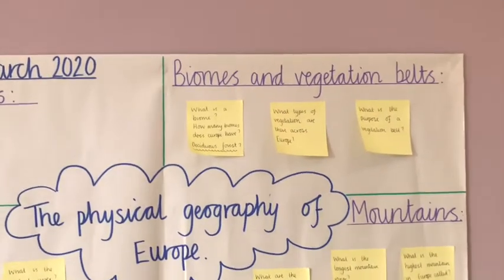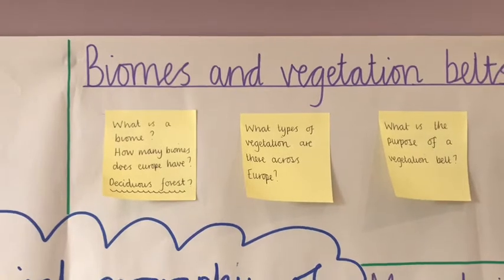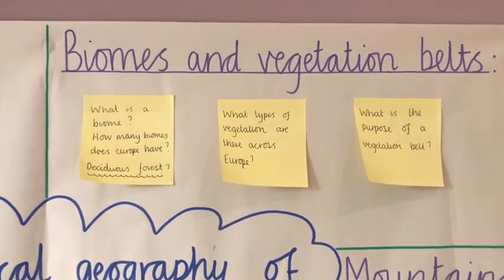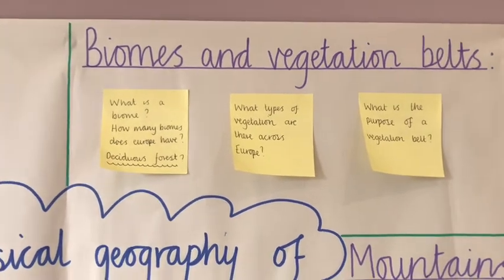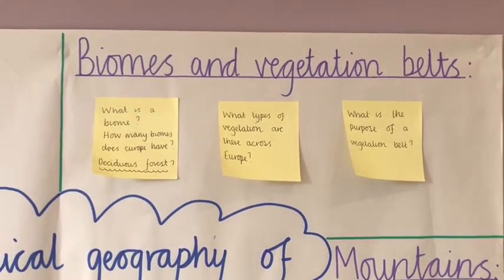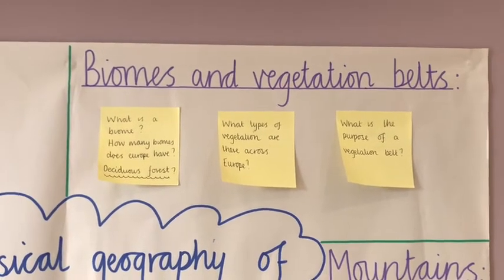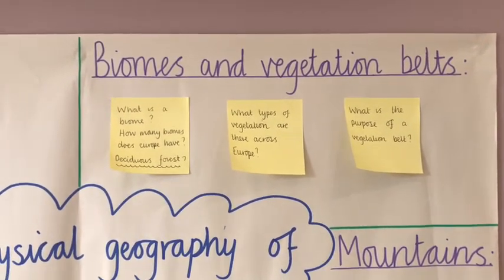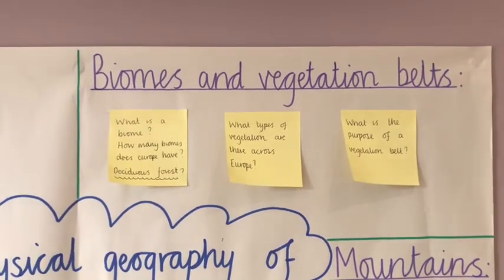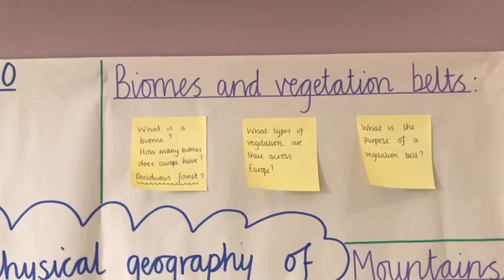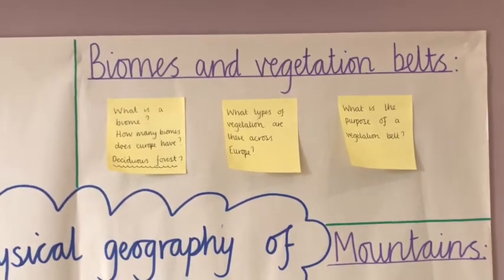Now biomes, I just want to focus on a little bit more than the others, because actually I had to really think carefully about the biomes and vegetation belts, because automatically I assumed, thinking about biomes, we are looking at not necessarily the climate, but it's the flora, the plant growth, the habitat almost within an area.